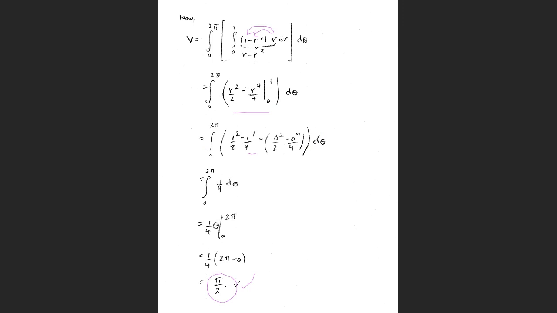So if you're designing a bowl that has the shape of that upside down paraboloid, and it has that solid shape, that's the volume of the bowl.